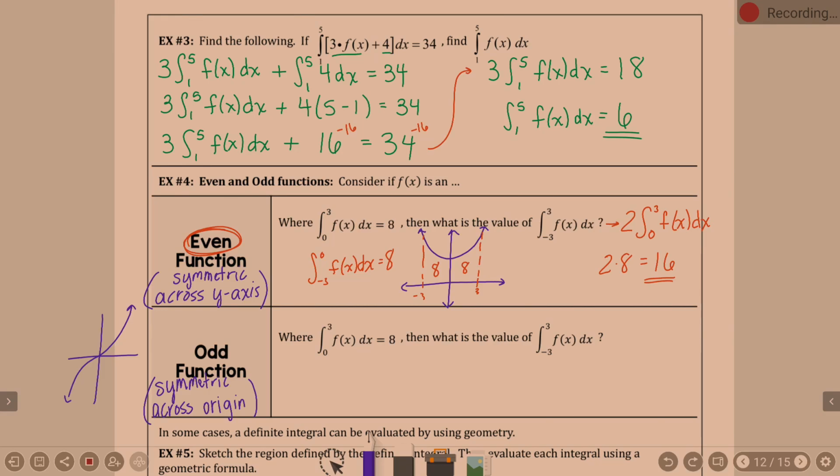Now, I guess I could use that. In my notes, I'm just going to use a line that goes through the origin. Now, the integral from 0 to 3 is 8 again.